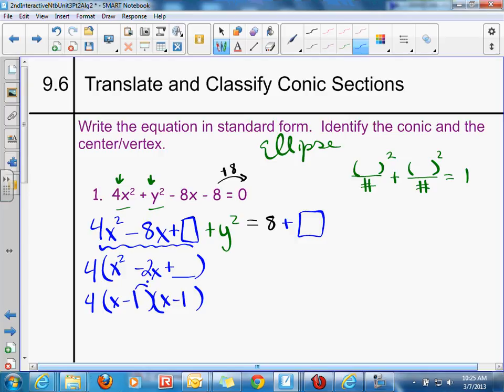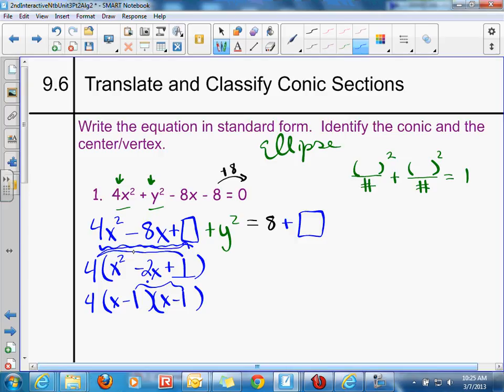Negative 1 times negative 1 is positive 1, so this would be a positive 1. And remember that that's not what's in this box, because this box up at the top was divided by 4 to get that number. So this number, this 1, needs to pick up the 4 from the front before you go up here to this box.